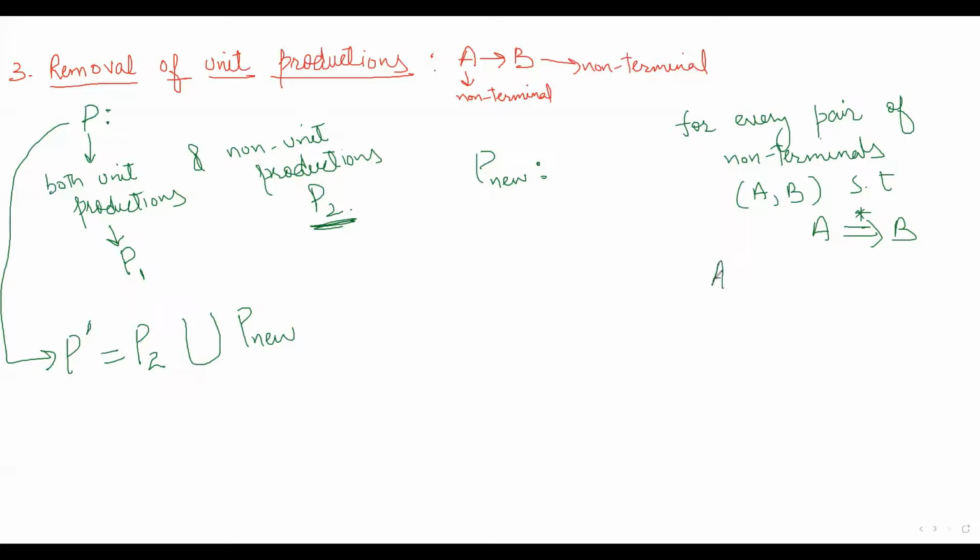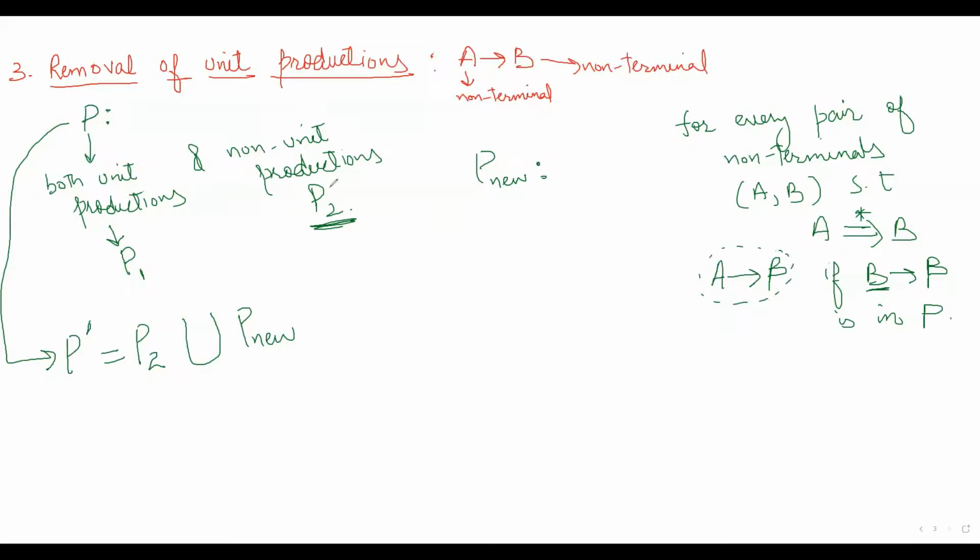A gives beta if B gives beta is in P. So if in this P we have a rule B gives beta, then we also have to add the rule A gives beta.